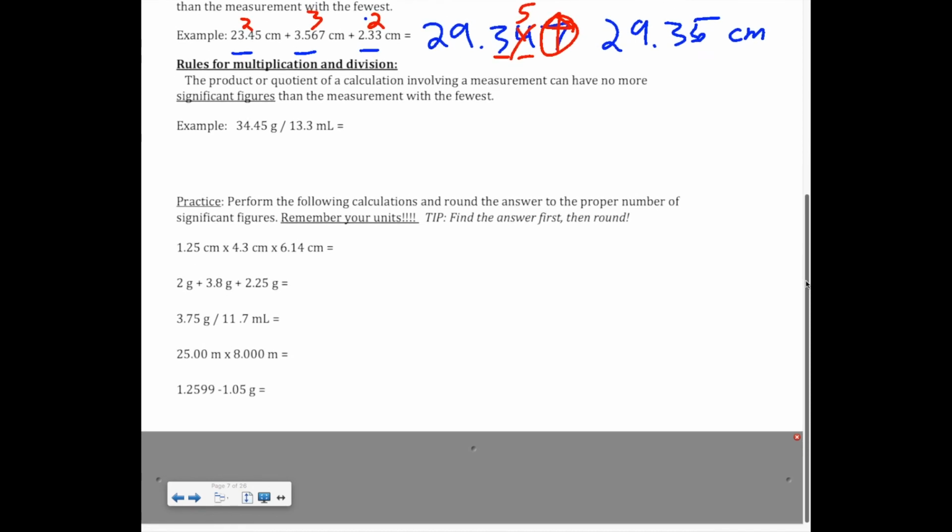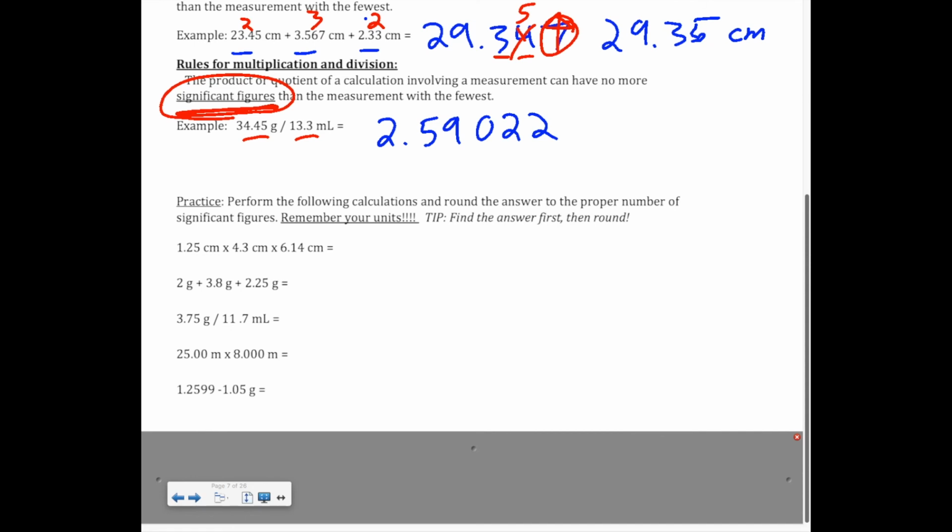Now, for multiplication and division, instead of the least number of decimal places, we're going to use the least number of significant figures. So when you type in this number and this number in the calculator, it will give you 2.59022 and a couple other numbers, but those aren't necessary.